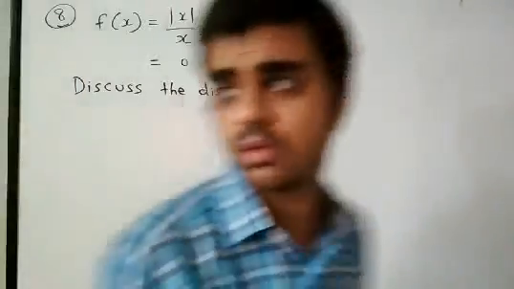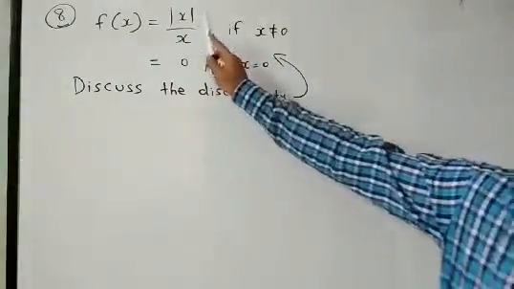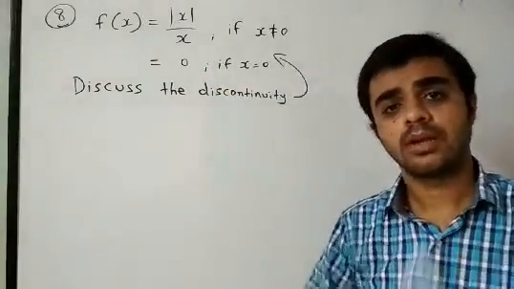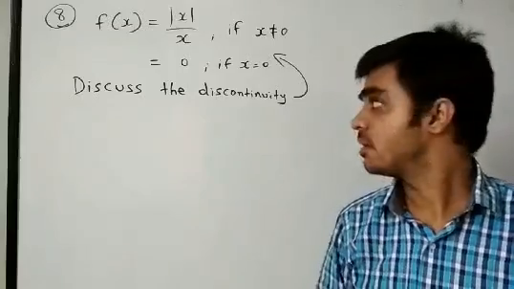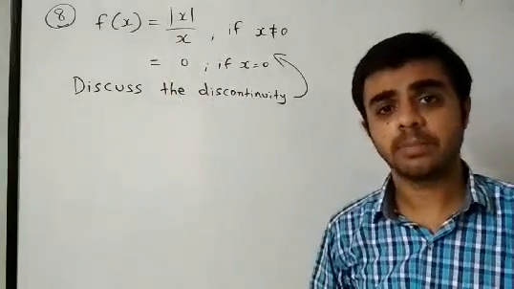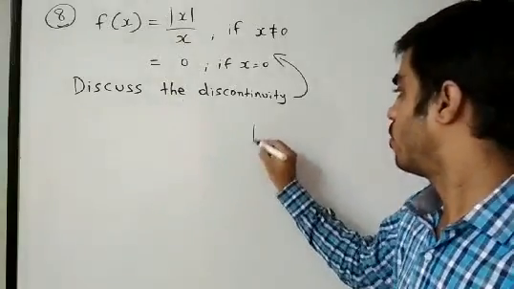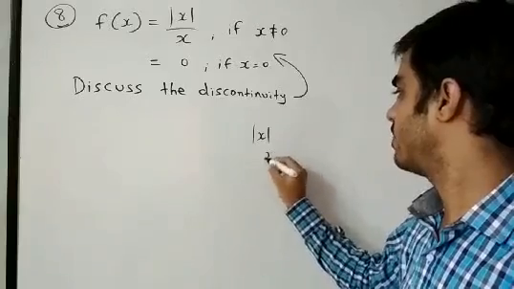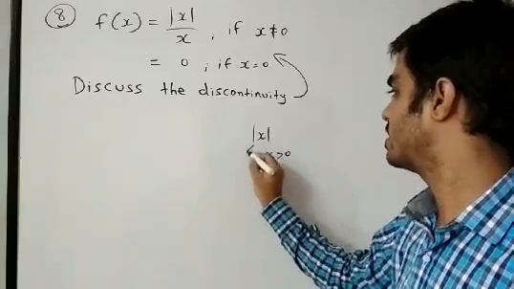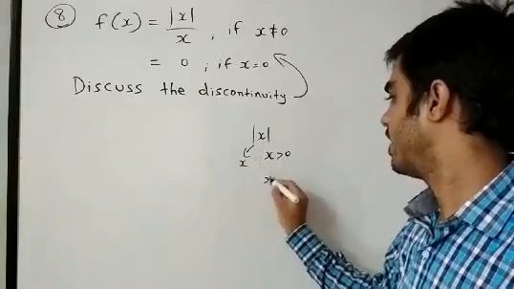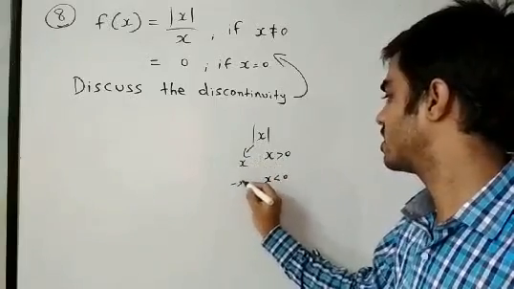Now here also modulus is given. What do you mean by that? Modulus function means, as we have discussed yesterday, modulus x means if x is greater than 0, then its value is positive. If x is less than 0, then its value is negative.